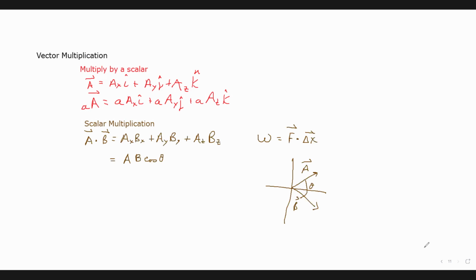Yes. So I know A x, B x, A y, B y, A z, and B z because I know the vectors. Now I want to know the angle between them. How do I do that? I'm not sure.